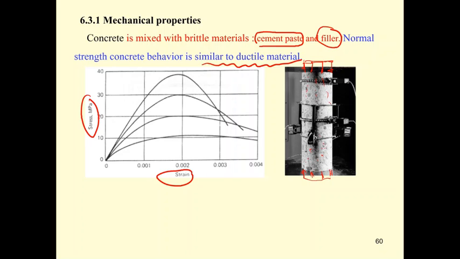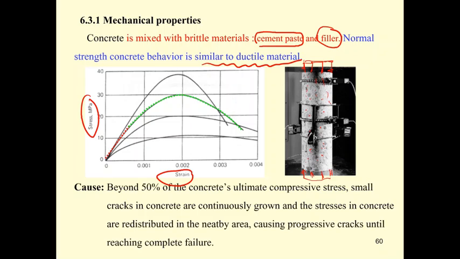And then what happens is, there are some micro cracks that occur at the interface between the cement paste and the filler, and those micro cracks develop after 50% of the stress.